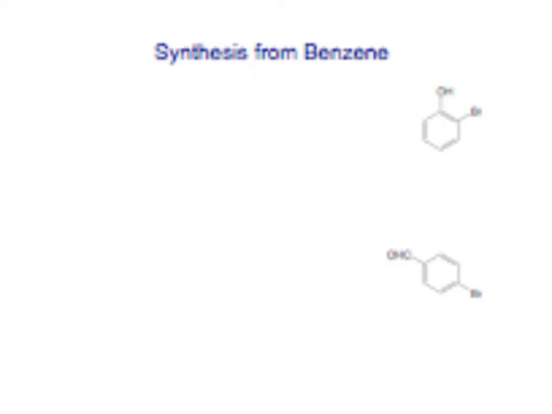So over on one side, we're going to have benzene, and we want to make ortho-bromophenol. So take just a second, see if you can come up with a general strategy.